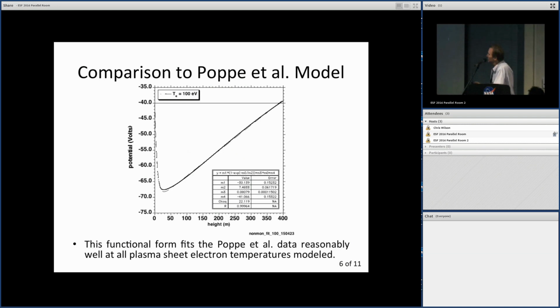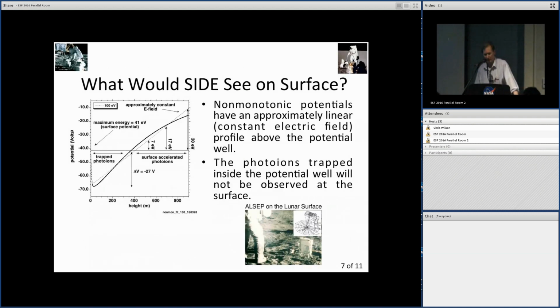In this case, we're using a simulation from Andrew that has a plasma sheet electron temperature of 100 eV. Note that far from the surface, the potential profile is approximately linear, or the electric field is approximately constant.